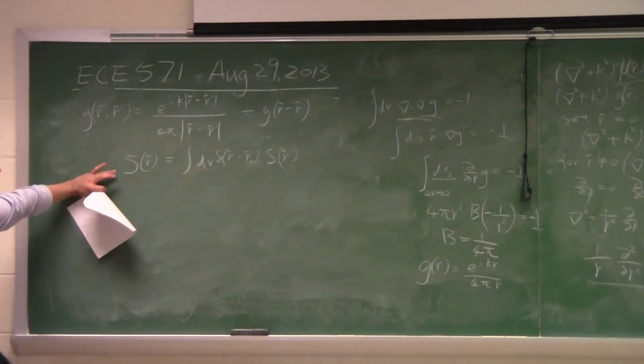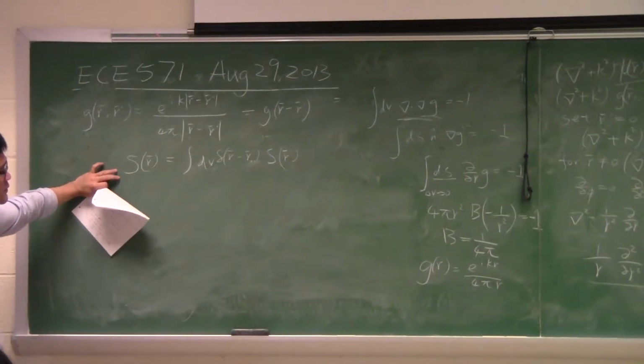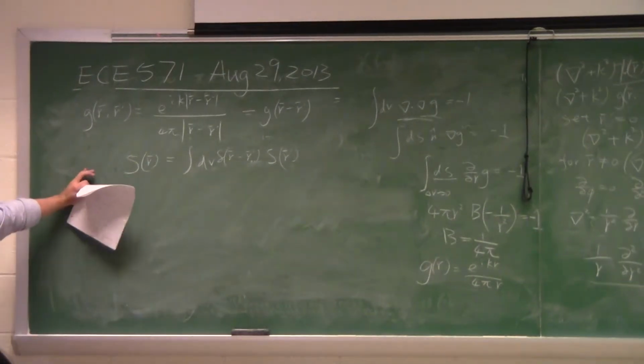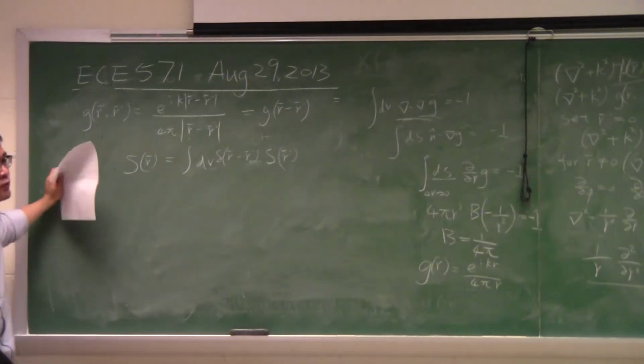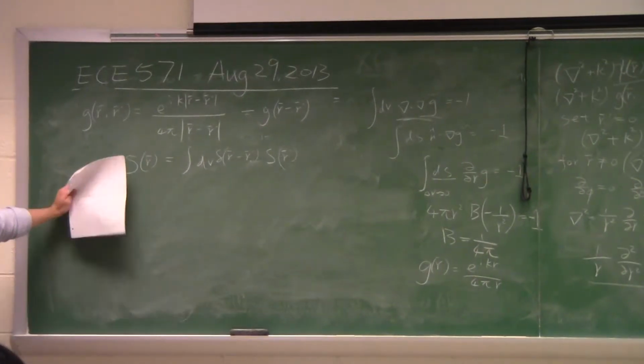And we often do this in quantum mechanics as well. So we expand this in terms of a set of bases formed by the delta function. And S of r prime will be the spatial representation on that set of bases. So we can always expand it that way.